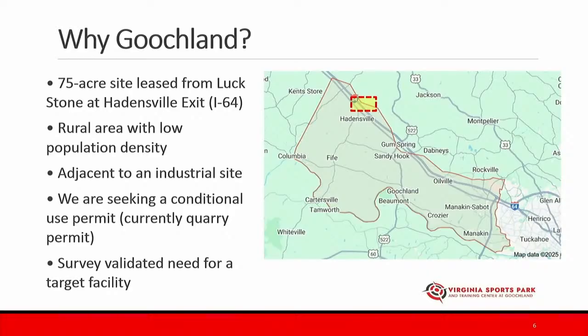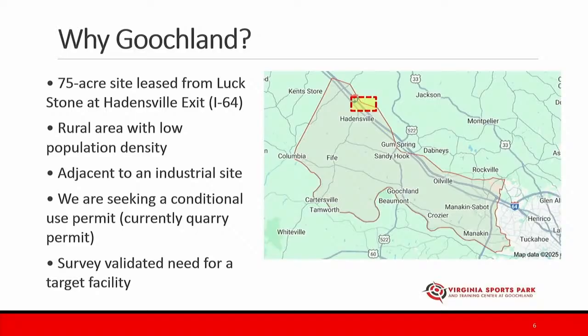We have leased 75 acres from Luckstone, right at the I-64 exit. It is adjacent to an industrial site as well. And we're currently seeking a conditional use permit. Currently, it is permitted as a quarry. And so this is why we're looking into Goochland at this point.